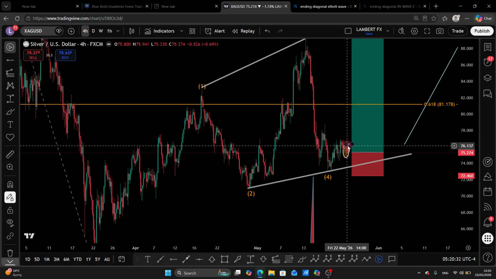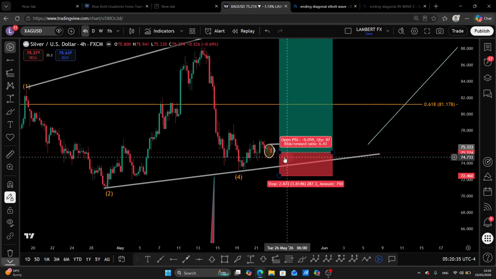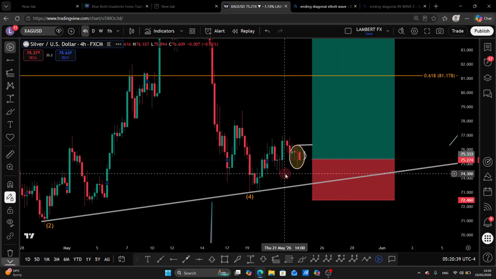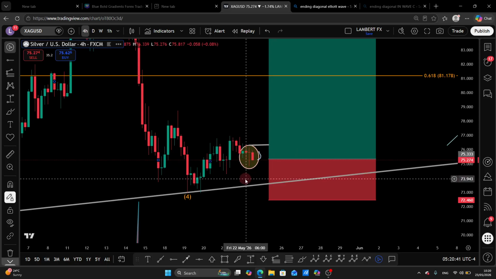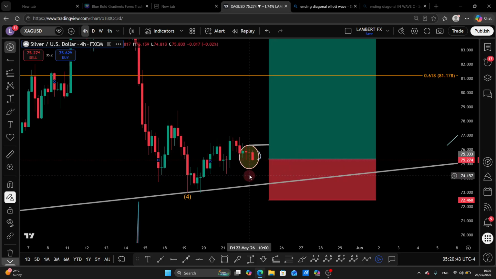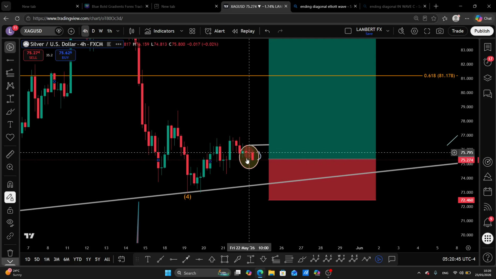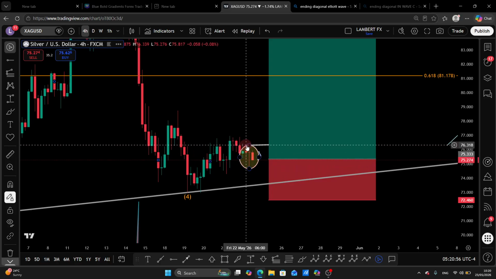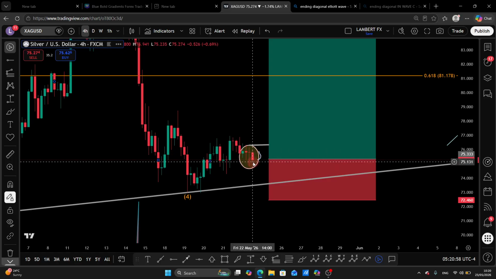Again, wait for a break of the pin bar high, because now we have an inside bar candle. This is a signal for me: we have a bullish pin bar and then an inside bar, so this candle did not close below or above the pin bar. This is a good signal.